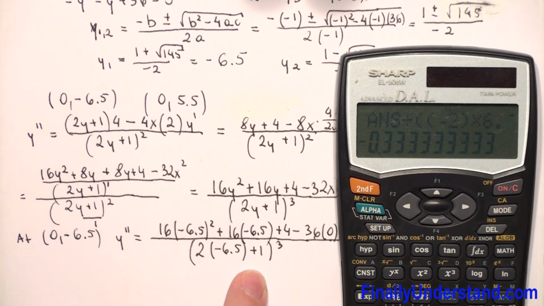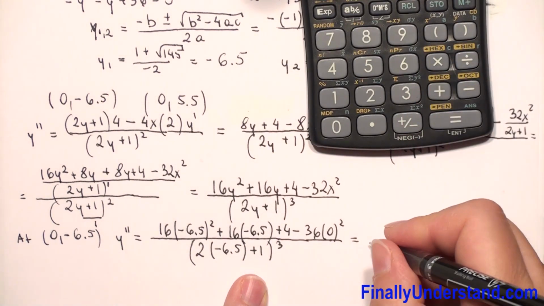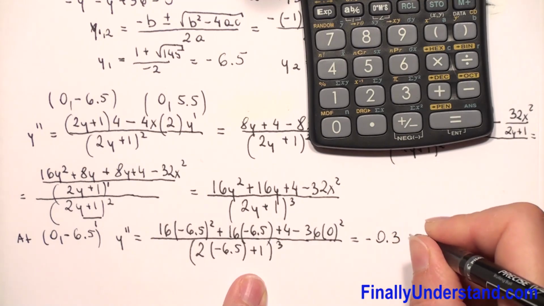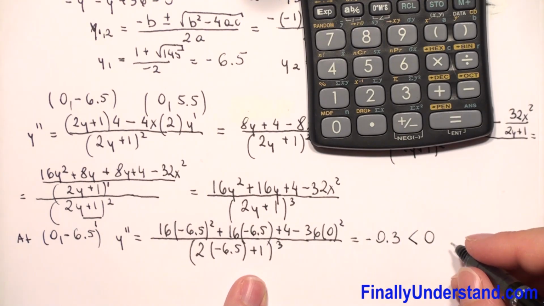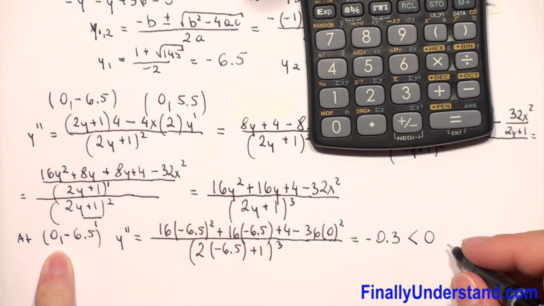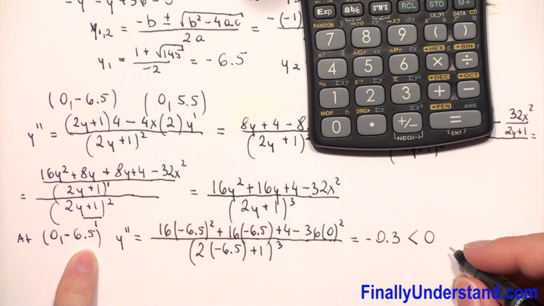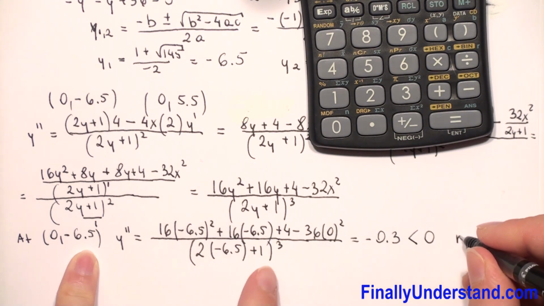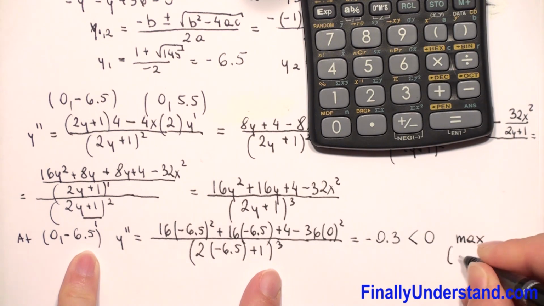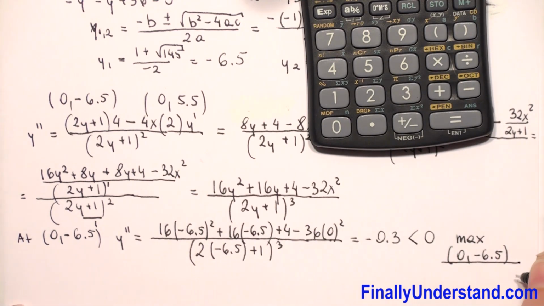This is equal to negative 0.3. This number is negative, less than 0. It means at point 0, negative 6.5, we have a maximum point.